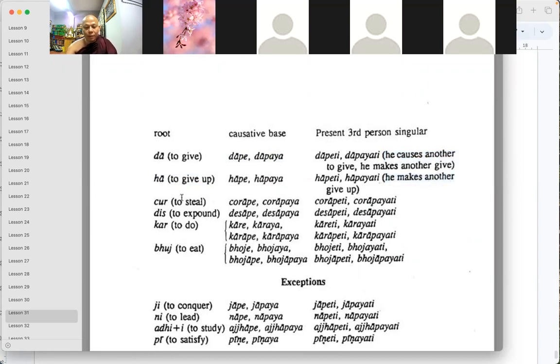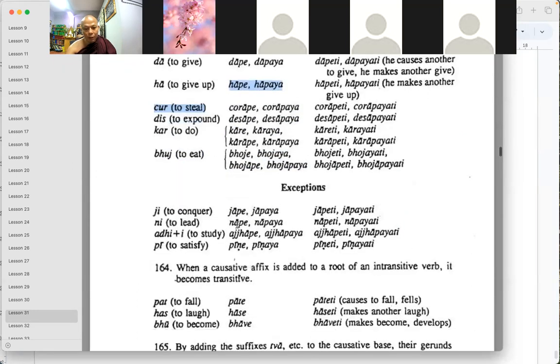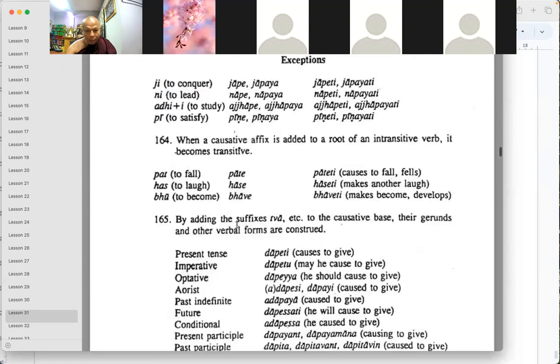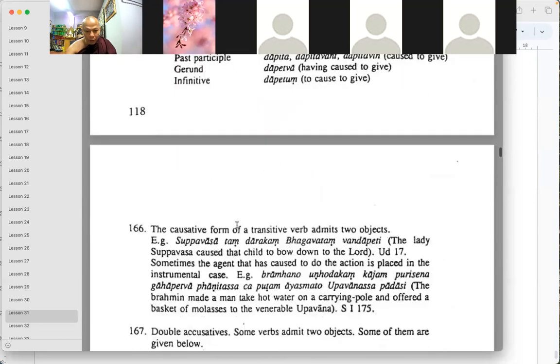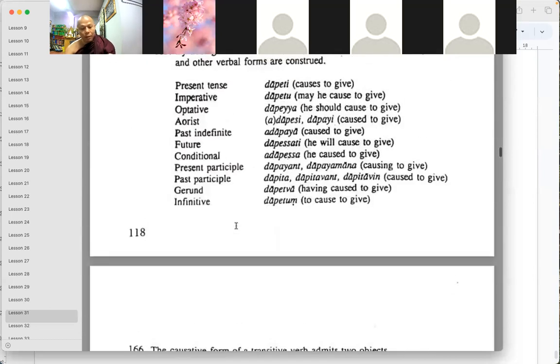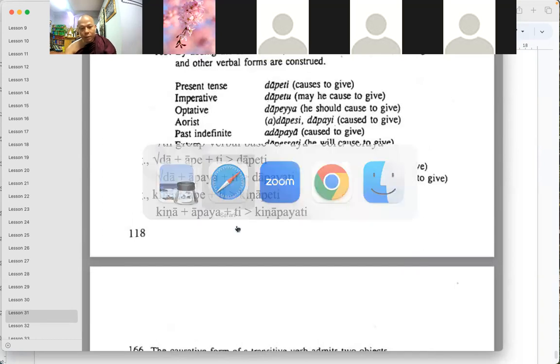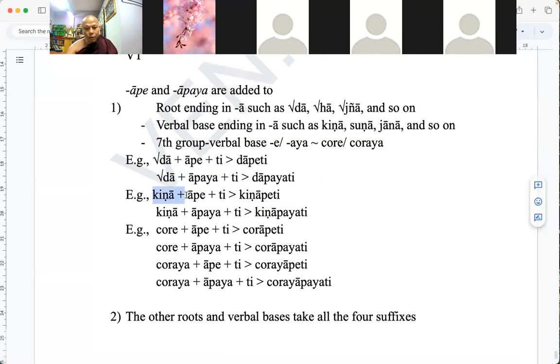And then the second information: going to the seventh group vowel termination, jore. The vowel base ending in the short vowel is not included here. That is why we need to know that information. Here you see kinapeti, sunapeti, janapeti, and so on.